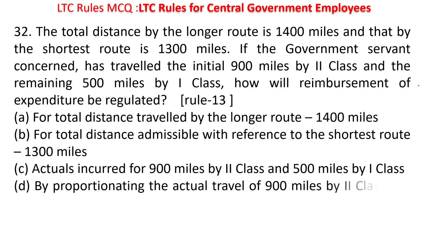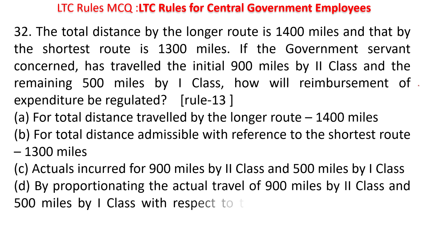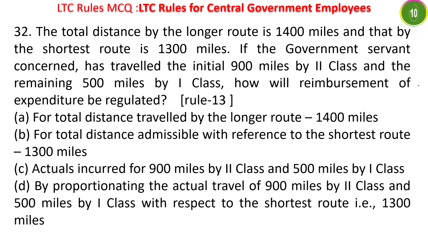Here you should understand the shortest and longest routes. The answer is by proportionating the actual travel of 900 miles by second class and 500 miles by first class with respect to shortest route. Okay.